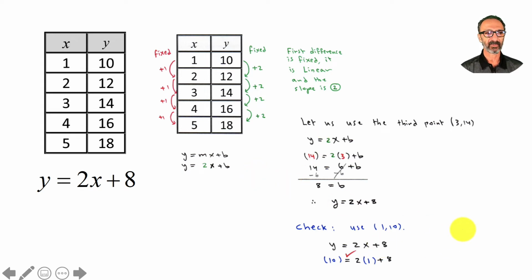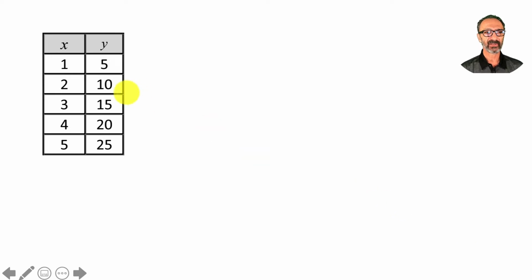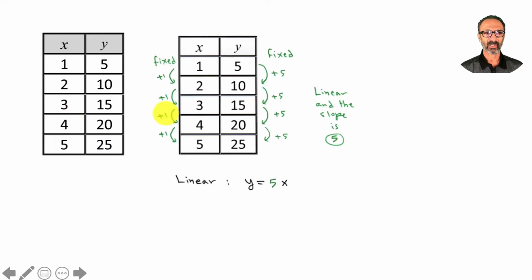Let's take another example. Now this one here is 5, 10, 15, 20, 25. Keep in mind, I'm just keeping this 1, 2, 3, 4 as fixed. Now these are fixed, which we saw earlier. To go from 5 to 10, you're adding 5. From 10 to 15, you're adding 5. From 15 to 20, 20 to 25, you're still adding 5s.